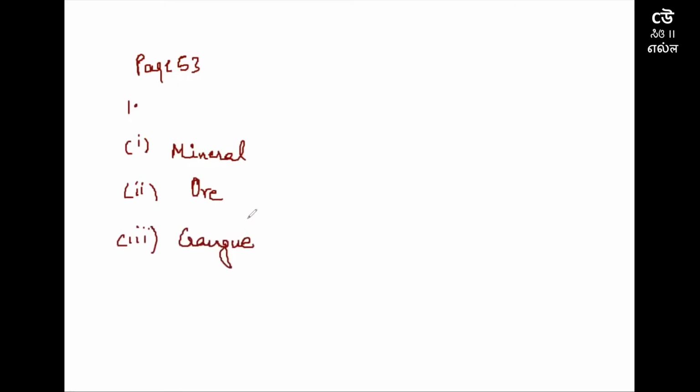We will define mineral by saying that a mineral can either be an element or a compound which is found naturally in the earth's crust. Example could be alums, etc. Talking about ore, ores are a type of mineral from which metal can be extracted.